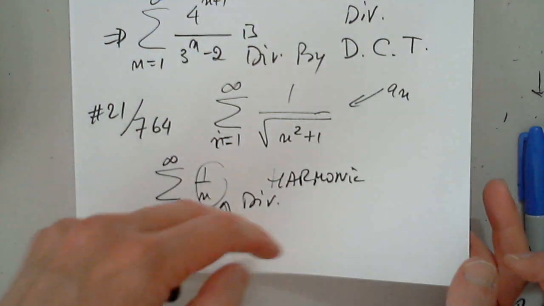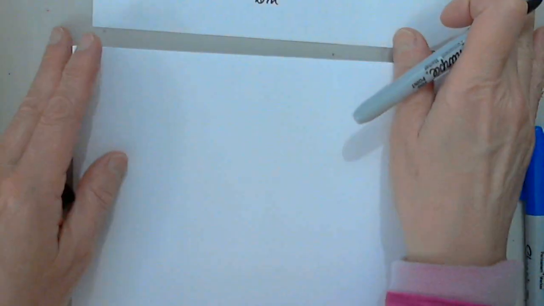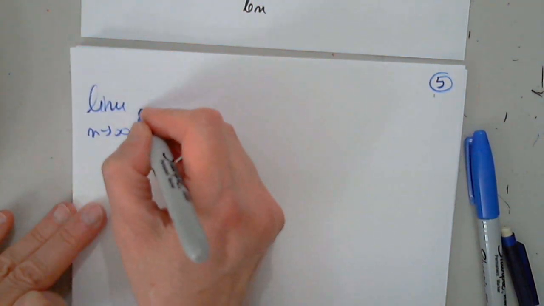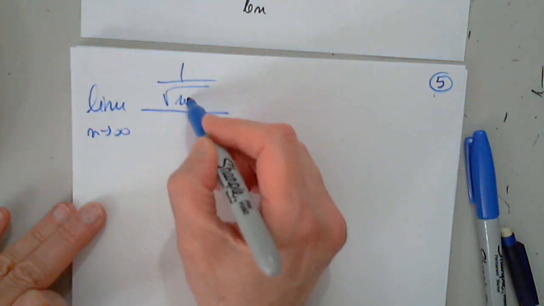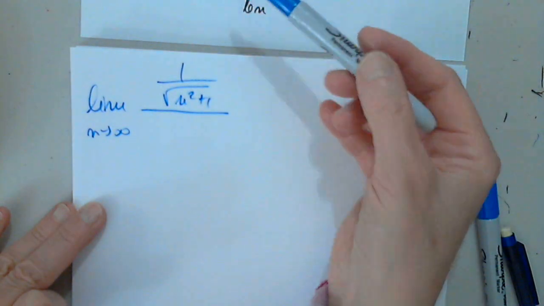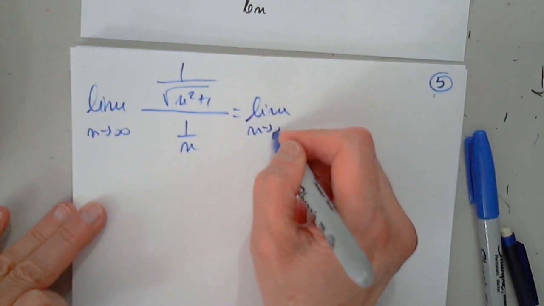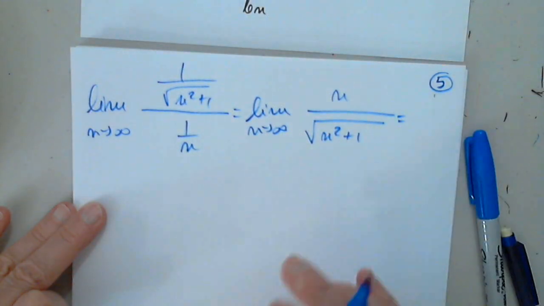So let's take a look at the limit comparison test this time and see what we get. So the limit as n approaches infinity, a sub n has to be at the top, and b sub n has to be in the denominator. So this is limit as n approaches infinity, n over the square root of n squared plus 1.